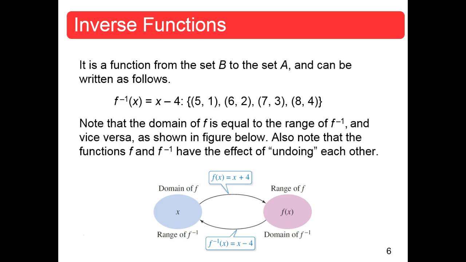You start with the domain of f, and that's where you find your x. Act on it with the f function, that puts you over in the range of f, which is your values for f of x. And then, if you go back with the inverse function, you wind up with the same x you had to begin with.